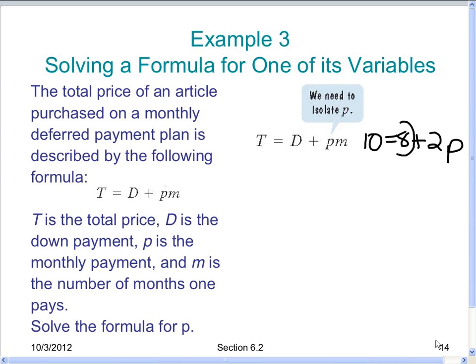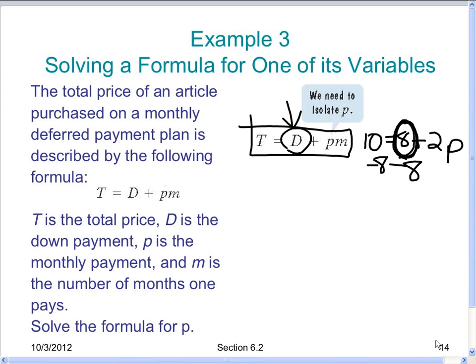You would get rid of this first. Well, you got to get rid of the d first. This is a positive 8, so you subtract 8. This is a positive d, so you subtract d. So you have t minus d is equal to p times m.